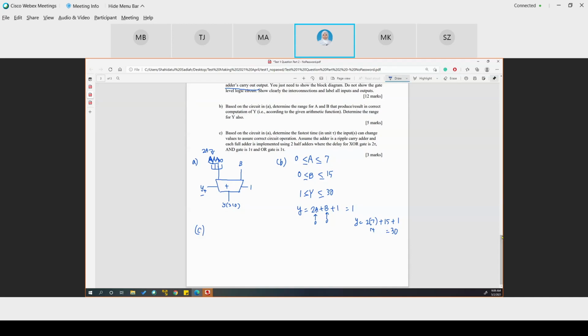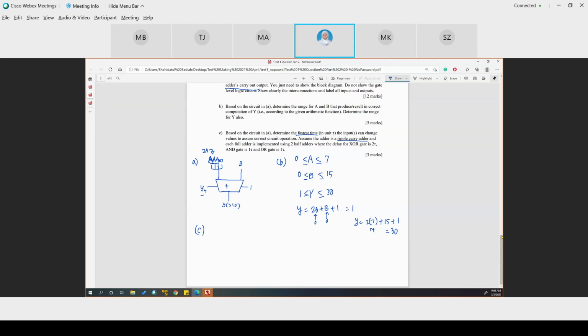Okay. All right. So C, based on the circuit here, determine the fastest time the input can change the value to assure the correct circuit operation. Assume the adder is a ripple carry adder, and each full adder is implemented using 2 half adders where the delay of XOR is 2 tau, AND gate is 1 tau, and OR gate is 1 tau.